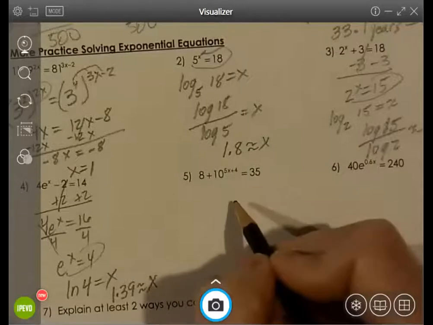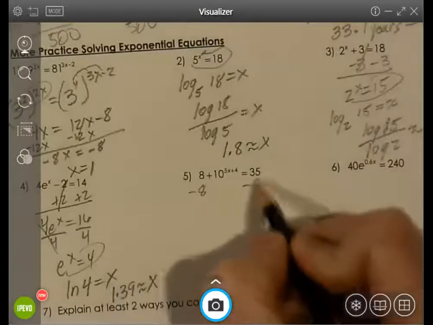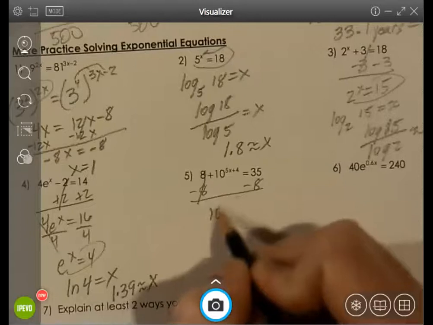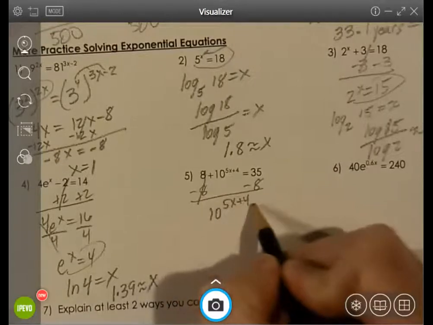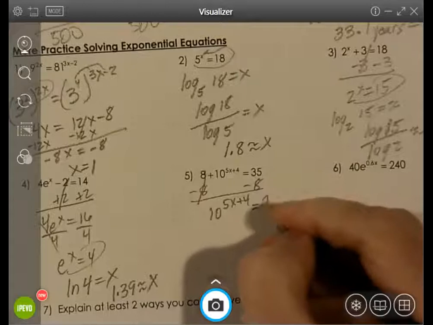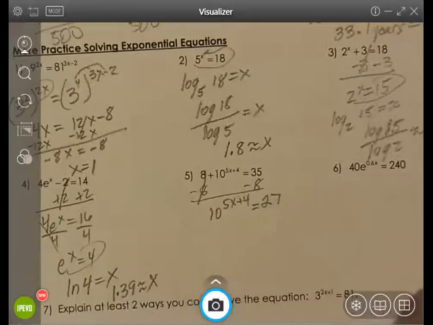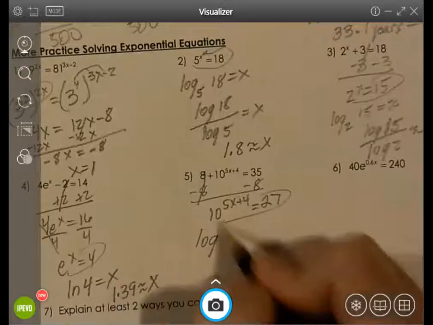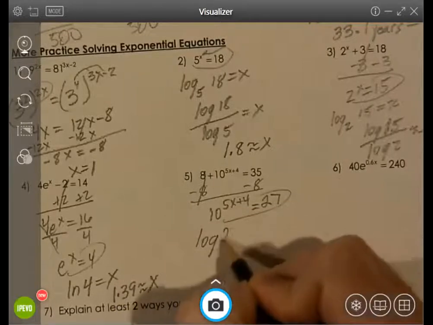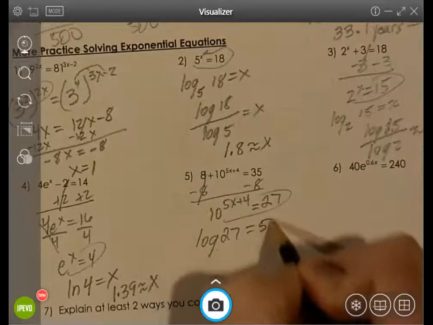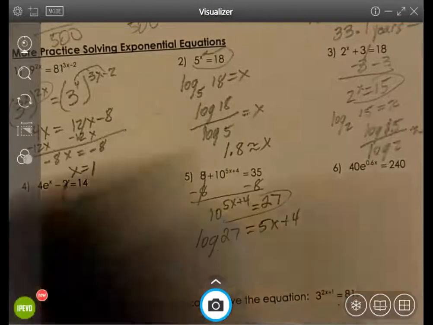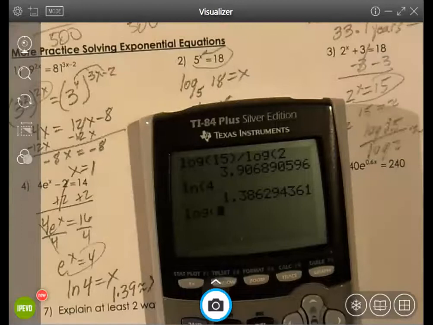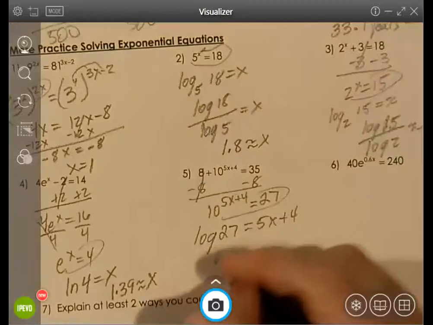Here, we can't get the bases the same, so we're going to have to... this would become 27. Still can't get the bases the same, so we're going to have to use a logarithm. The common log, or base 10, of 27 is going to equal your 5x plus 4. Well, log of 27, that's 1.43.